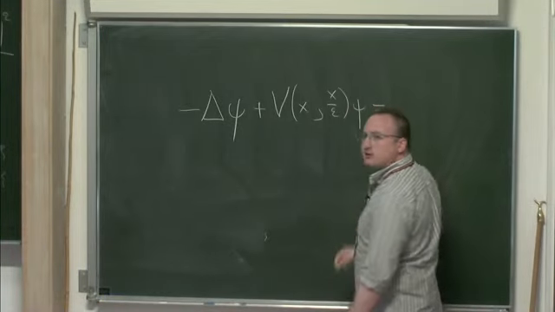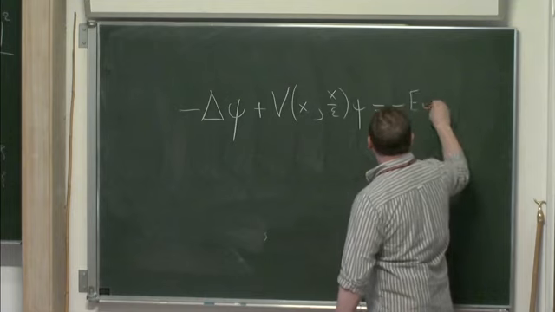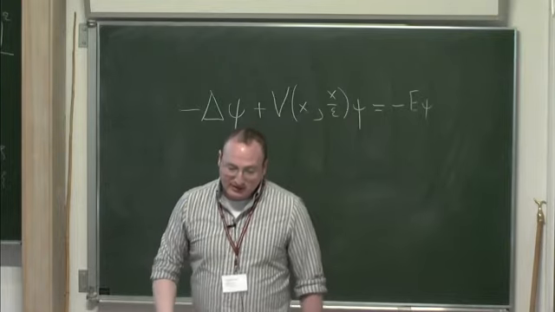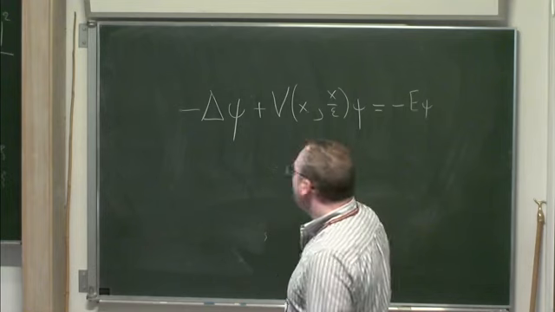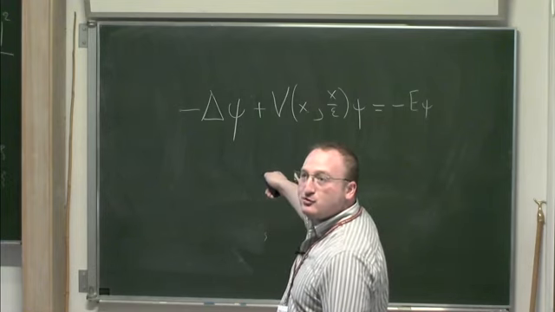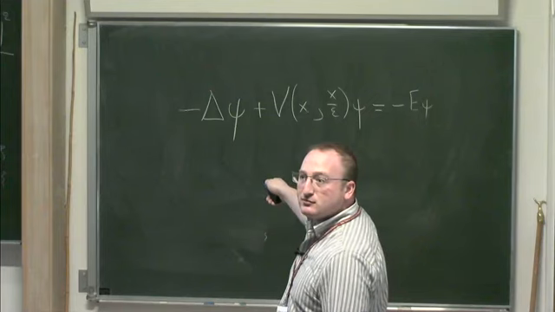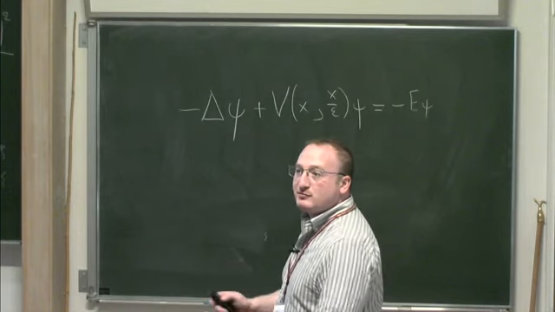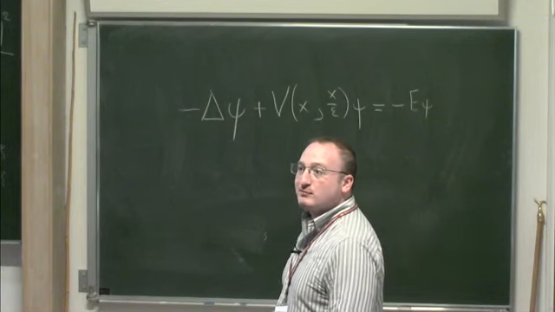And they might be looking for bound states of this, so they'll have some E of psi on there for the eigenvalue. And in certain cases, the leading order homogenized equation here is absolutely the simple average in the fast variable. So this is not a case of black and white, that sometimes it is the simple average and sometimes it isn't. You really have to work through the problem to see which case you're in.